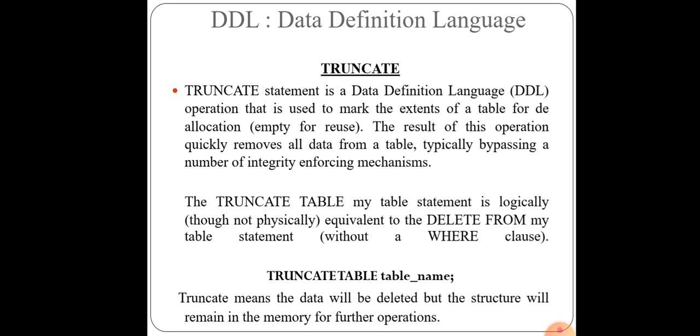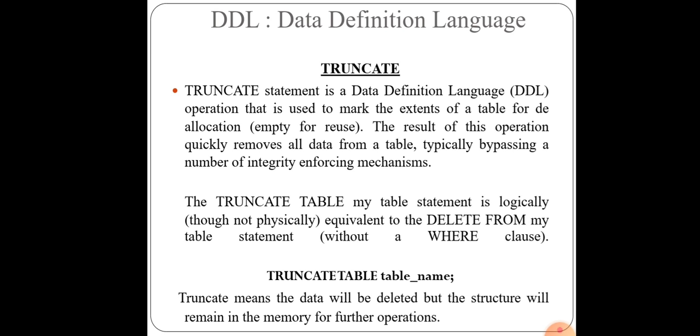Then the truncate command is basically used to mark the extents of a table for deallocation, or you want to empty the memory for reusability. The result of this operation quickly removes all data from the table, bypassing any integrity constraints. Maybe you have mentioned foreign key, primary key, or any other constraints; it will not take care of any of the constraints.